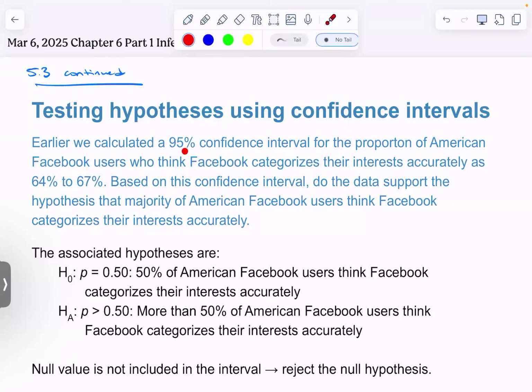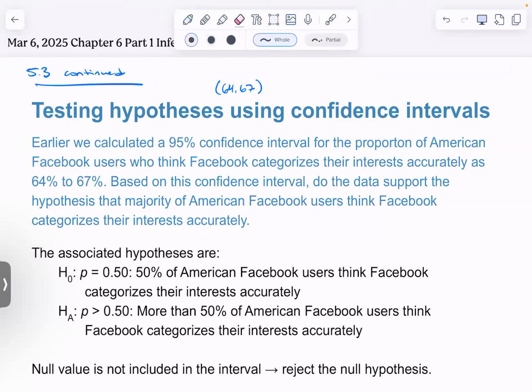If we have a confidence interval, earlier we calculated a 95% confidence interval. This was last week, so a long time ago. For the proportion of American Facebook users who think Facebook categorizes their interests accurately, it was 64 to 67%.